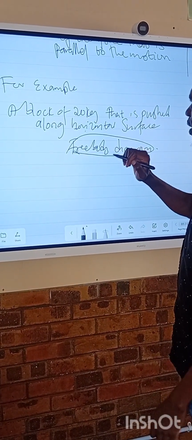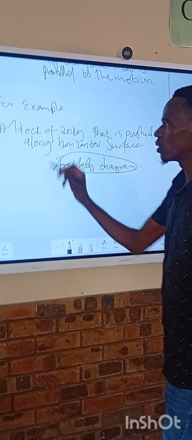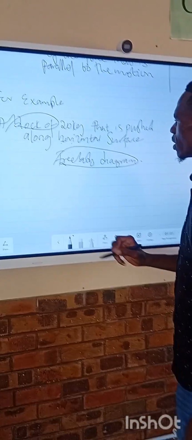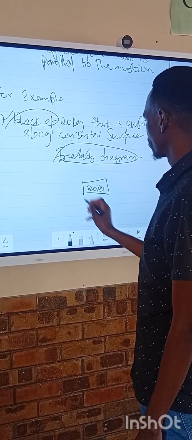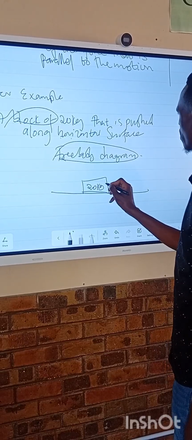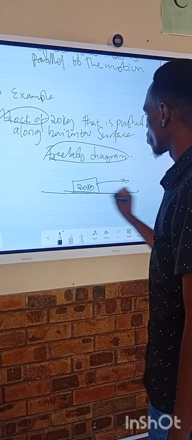On the free body diagram, we write all the forces that are acting on the object. Which object are we talking about? This is the box of 20 kg on the horizontal surface that is being pushed along the horizontal surface.